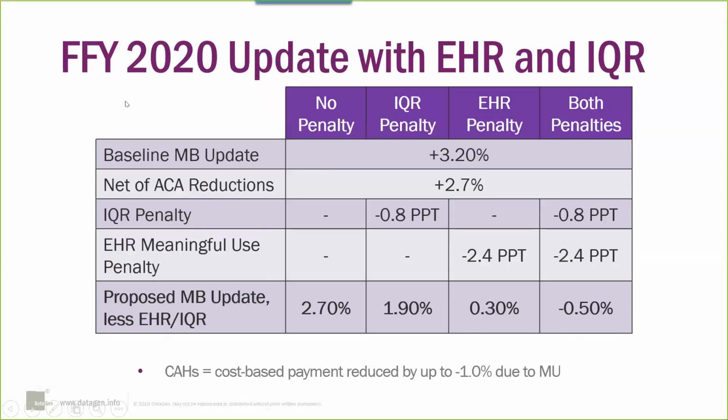If a hospital fails to comply with the IQR program, they will lose 25% of their base market basket, the base market basket being the 3.2%. In other words, that equates out to 0.8 percentage points. For those that do not comply with the EHR meaningful use program, that's 3/4 of that value, or 2.4 percentage points.